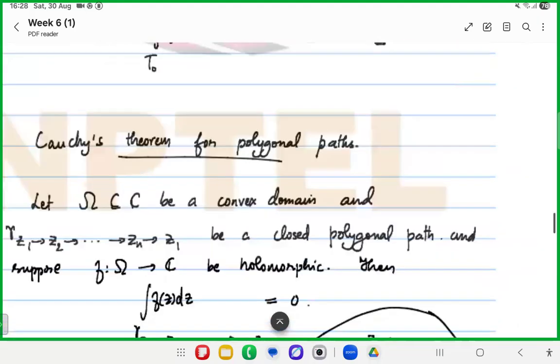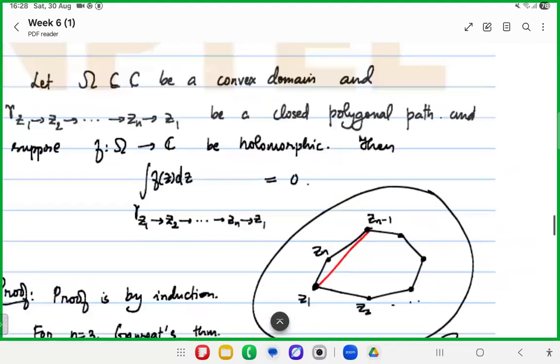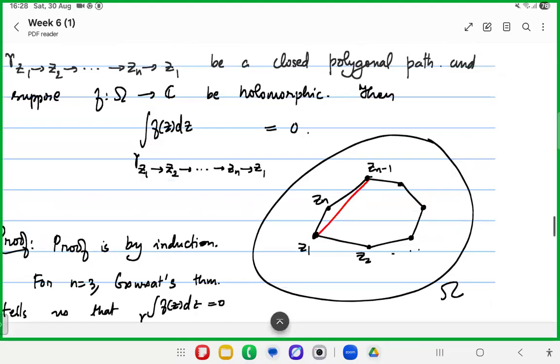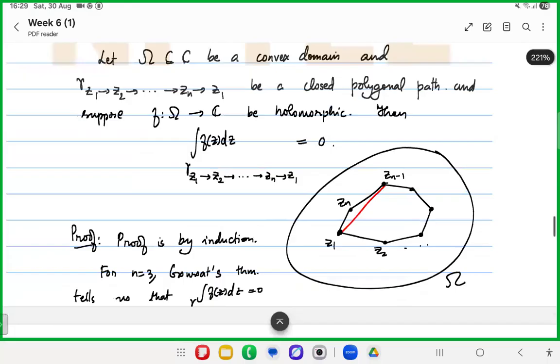See, here is the thing I was telling you. If we have some bigger polygonal path, meaning a bigger concatenation, more than 3 line segments, then we can make them. This is just a corollary we can see.